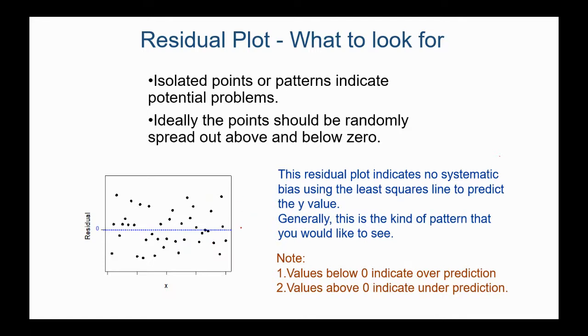If we're above 0, this means we under-predicted. If we're below 0, this is an over-prediction. We overestimated. So above 0 is an under-prediction. Below 0 is an over-prediction.